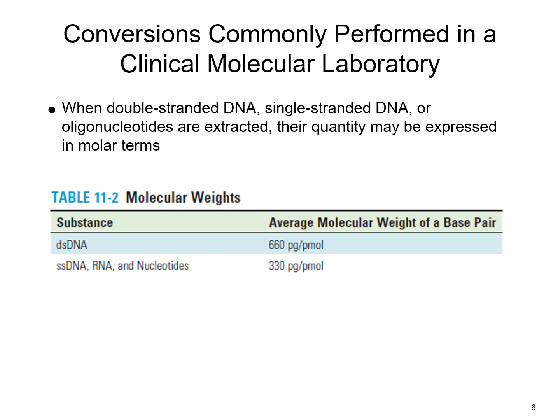We have a chart here that lists how they are expressed. It lets you know that the molecular weights of DNA, RNA, and oligonucleotides are reported in terms of picograms per picomole.